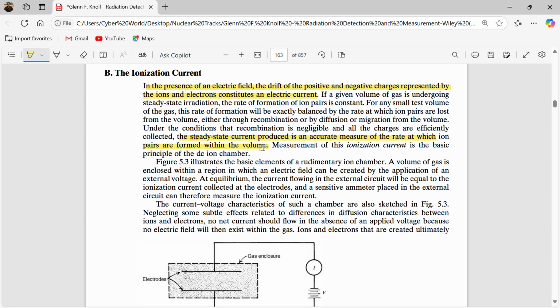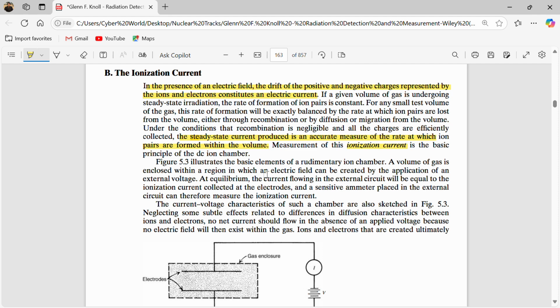The ions that are formed produce the ionization current, because it is due to the ionized particles, not due to excitation. In excitation, particles move to a higher energy state if they have insufficient energy, and in that scenario no current is formed. Current forms only after ion pairs are formed.